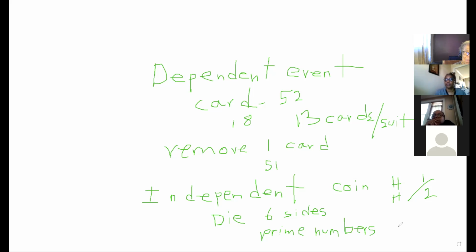Isn't 2 prime? You can only multiply 2 by 1, you can't multiply it by anything else. So it's 2, 3, and 5, because 4 and 6 are composite numbers. 4 can be multiplied 2 by 2, and 6 can be multiplied 3 by 2, right?